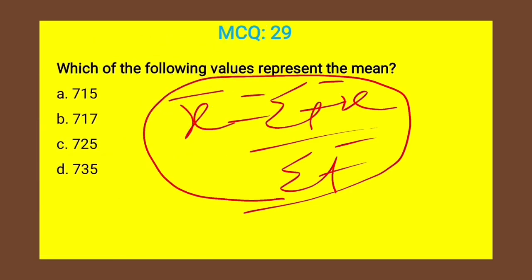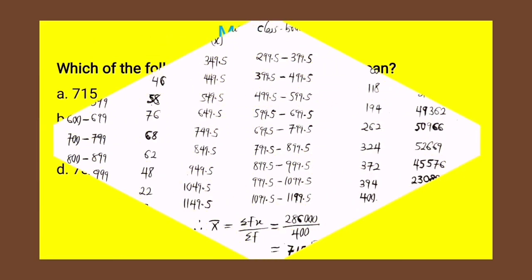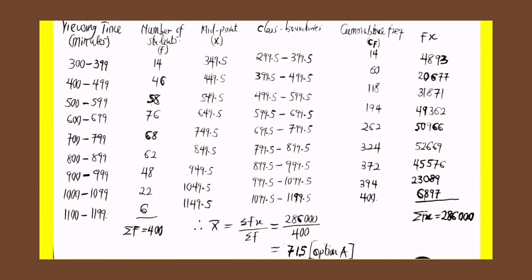So let's see how I made a representation here. This is a large table that I did. I have the viewing time, the number of students, the midpoint, class boundary, cumulative, and then f of x. So for me to get my midpoint of 349.5, I added 300 plus 399 and divided by 2.